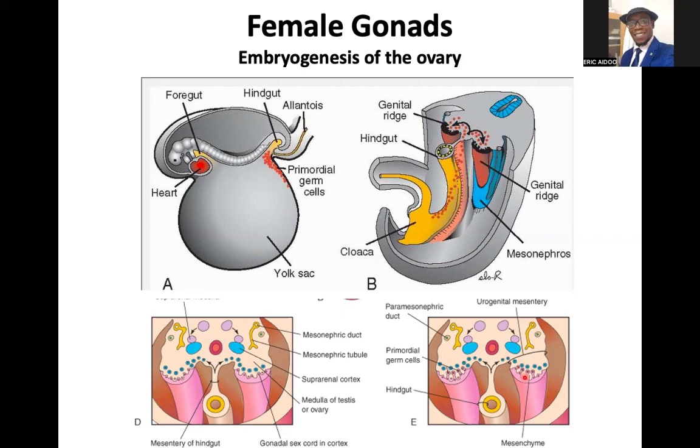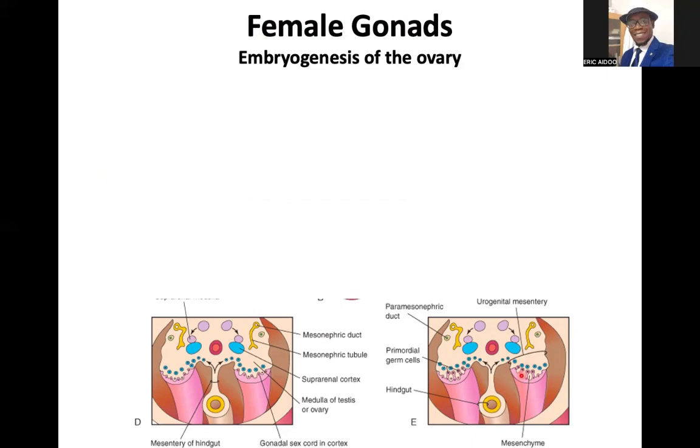So we looked at spermatogonia A, the dark one, and then the light or the pale ones, and so on. But in the female, the primitive sex cords are going to degenerate, and then a secondary sex cord will emanate from the cortical region and then continue its differentiation.